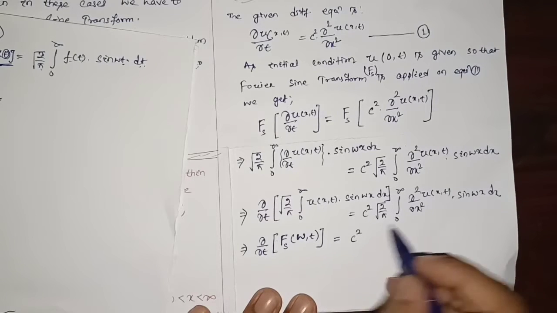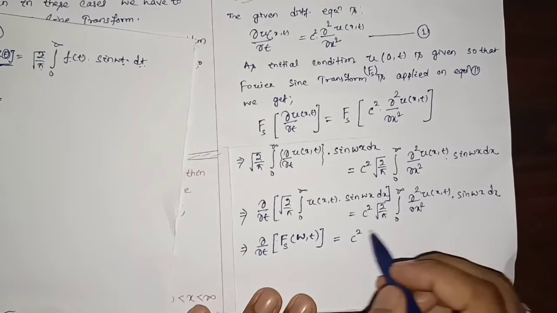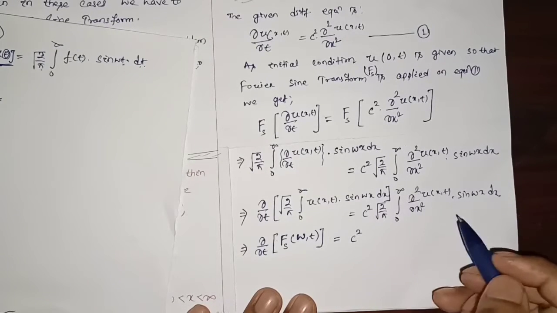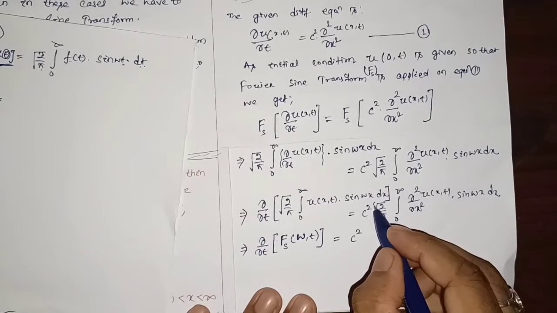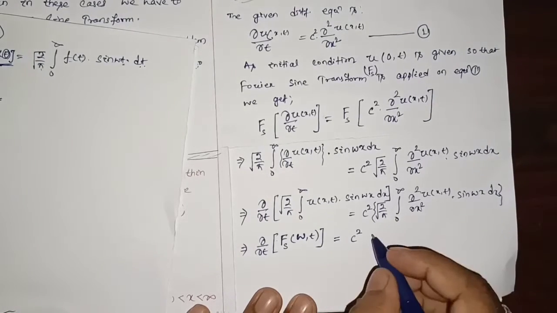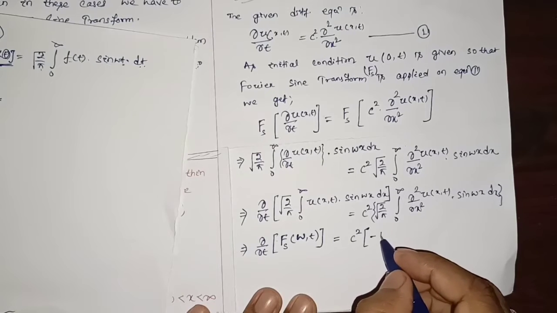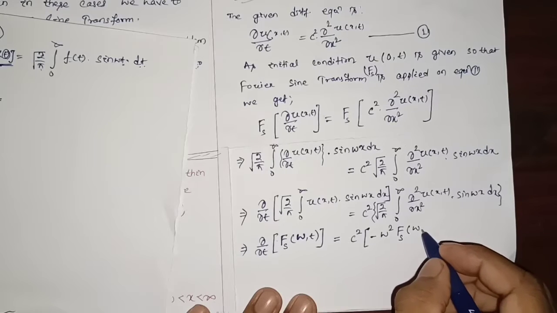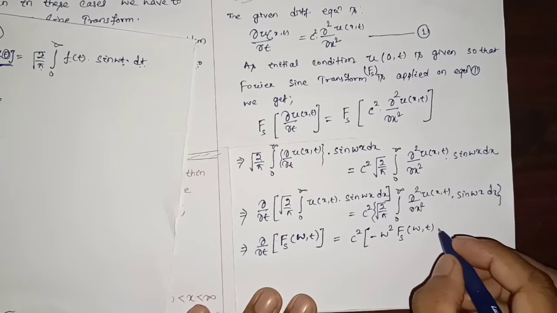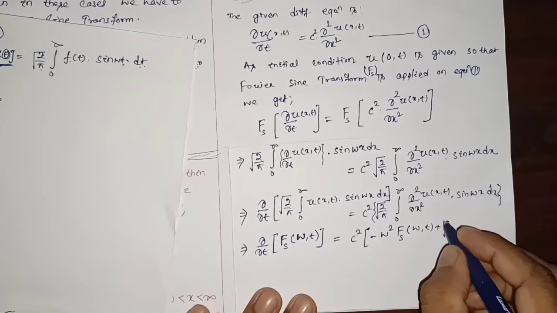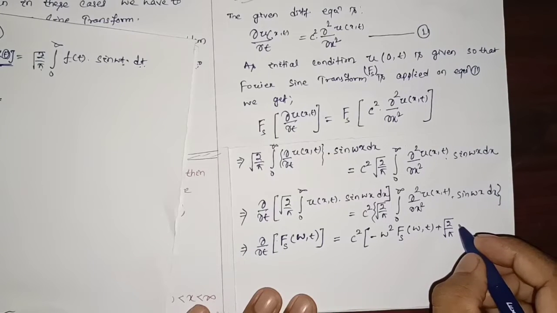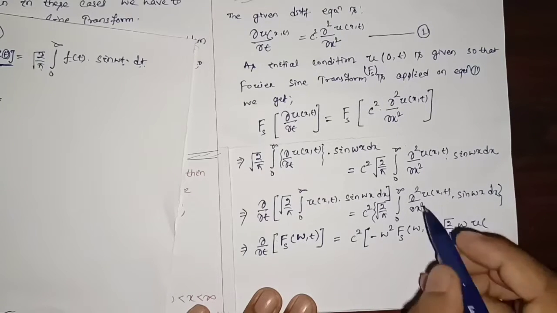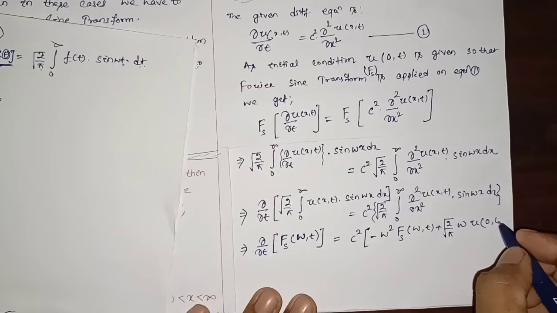This will be equal to c square times this much value, which is nothing but the Fourier sine transform of the double derivative. This much value will be written as minus omega square Fourier sine transform(omega, t) plus 2 by pi root over omega u(0,t), instead of x we have written 0.